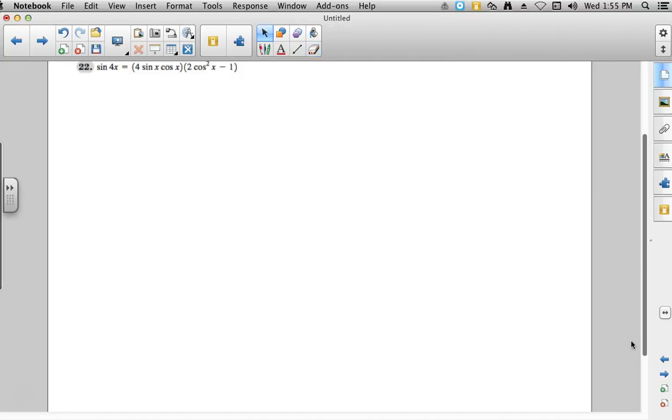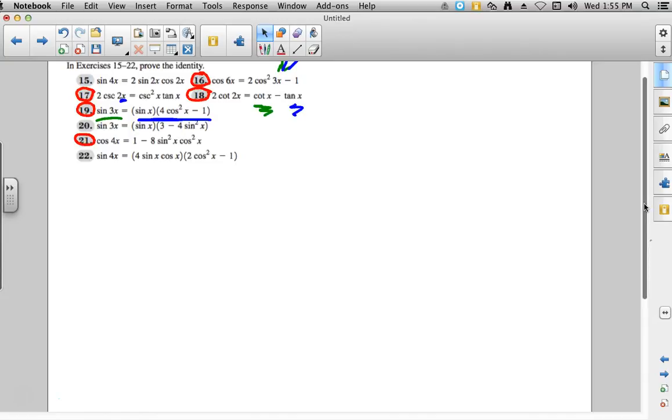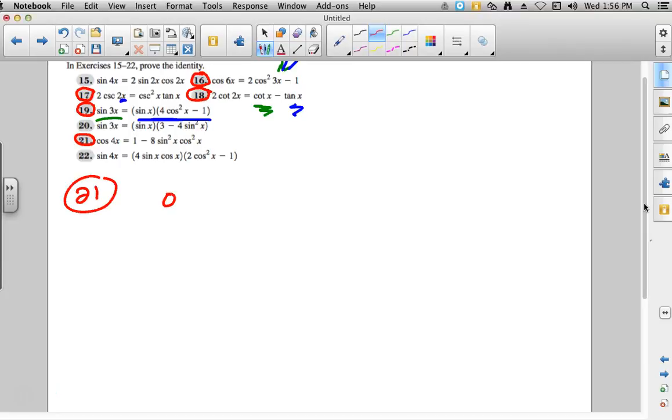Breaking down any angles that have more than just theta or more than just x. If they have a 2x or a 3x, a 4x, a 6x, whatever it may be. Number 21, for 21 we have the cosine of 4x, and I'm going to go ahead and use the fact that I can break that down.